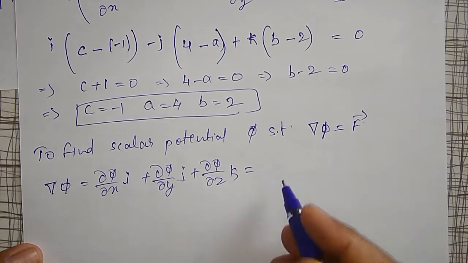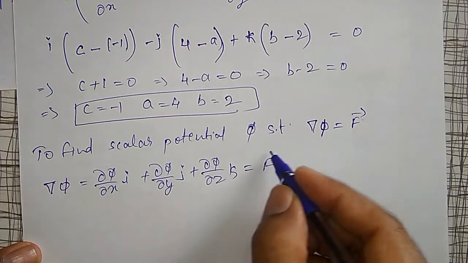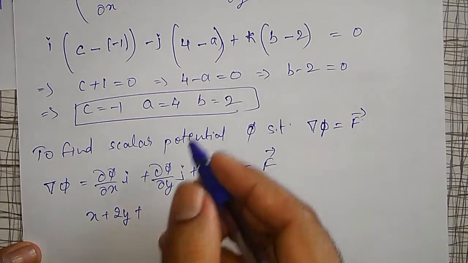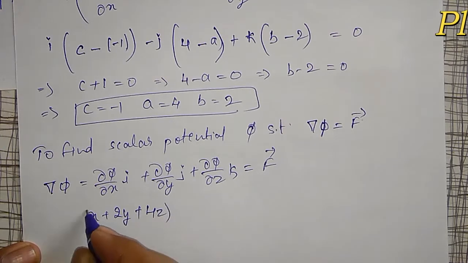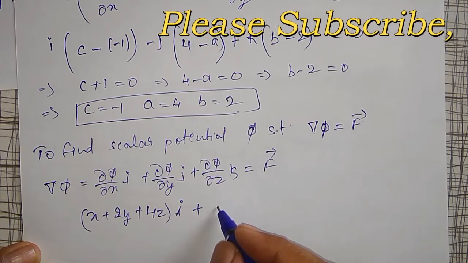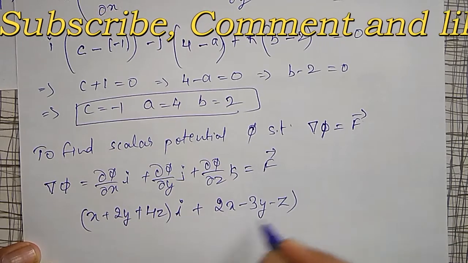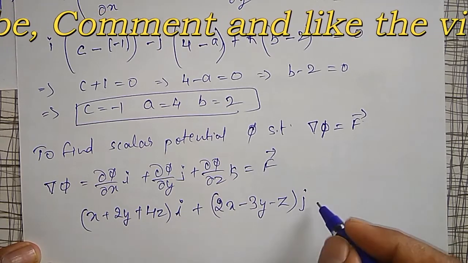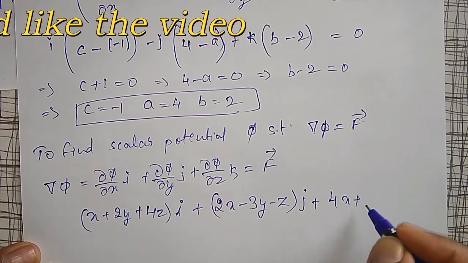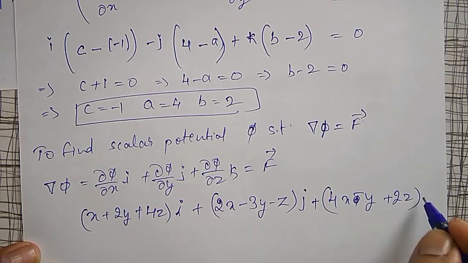Vector f is nothing but (x plus 2y plus az, a is equal to 4, so 4z) into i, plus (2x minus 3y minus z) into j, where b is 2, and (4x plus cy, c is minus 1, therefore minus y plus 2z) into k.